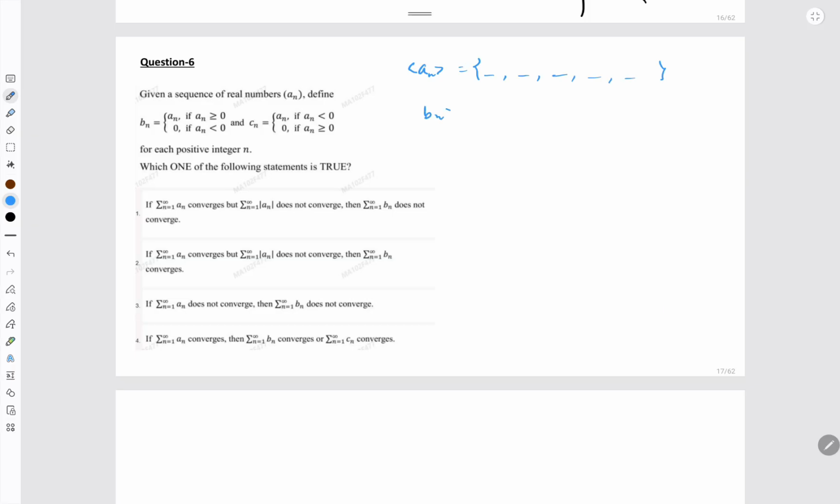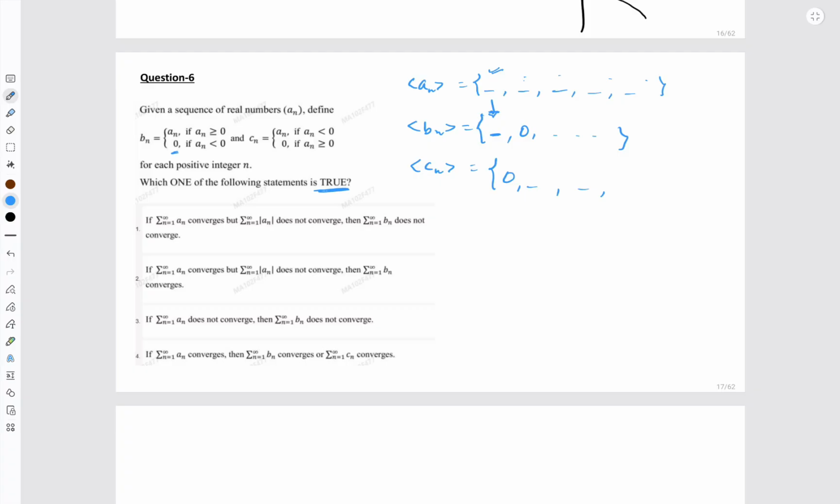The b_n series is formed by: if a term is positive, then copy it into b_n, otherwise write 0 in its place. So we take all the positive terms and write 0 for all the negative terms. That is the series b_n. c_n is the opposite series. If I find negative numbers in the main series, then you copy that negative number and write 0 in all the remaining places, right? We understood what the series is, right?